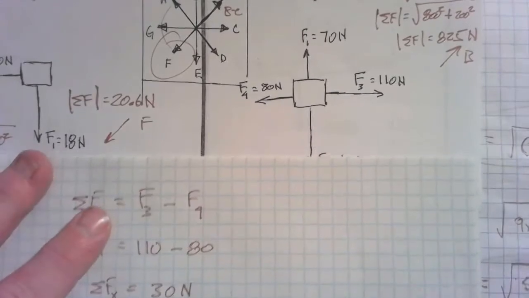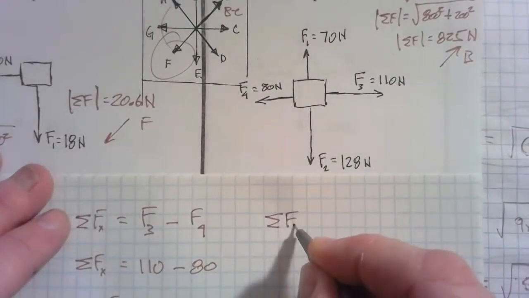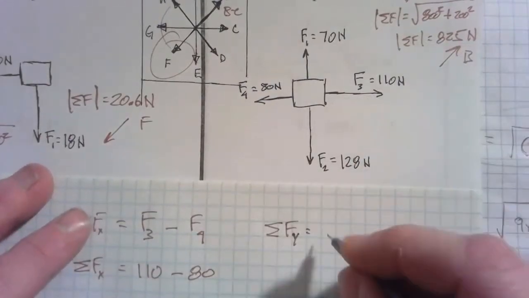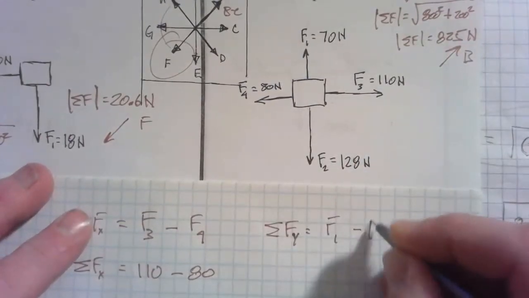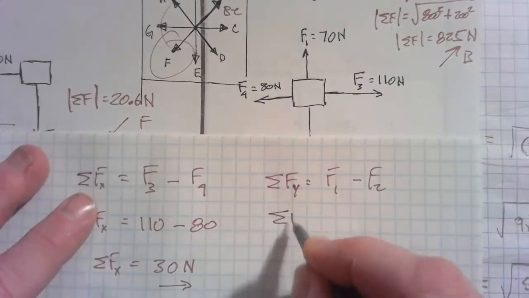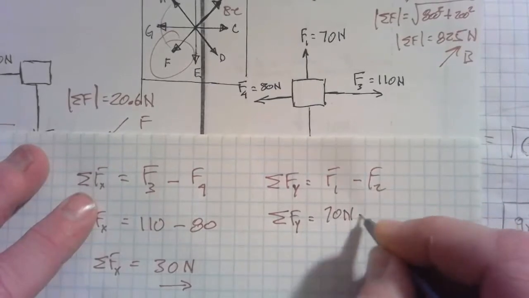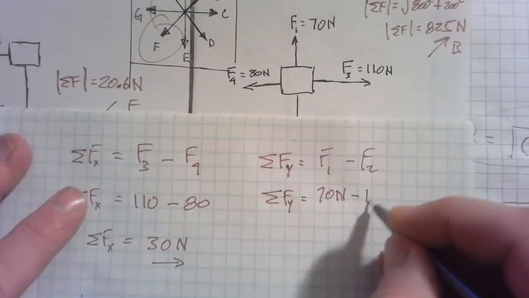Now, in the y, the up and down, I have F1 minus F2. F1 is 70 newtons minus 128.